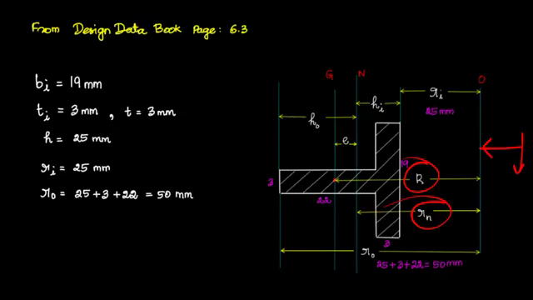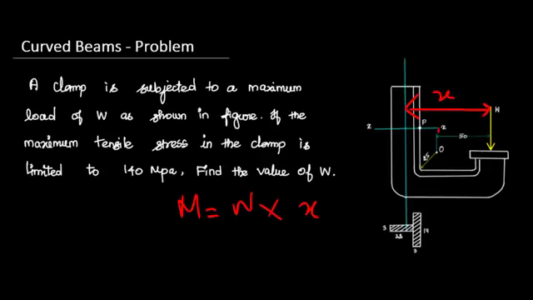Up to the center of curvature, the distance to the load acting point is 50 mm, which they have given, and from the center of curvature to the centroid, that is capital R. So capital R plus 50 is equal to x.